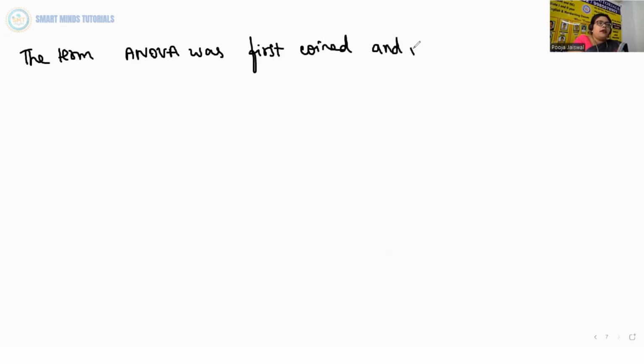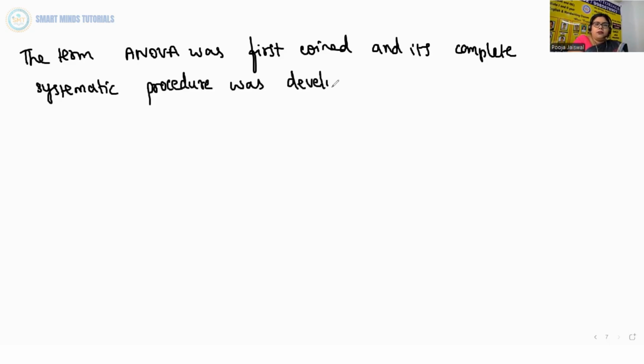Now let us write a few more points about it. The term ANOVA was first coined and its complete systematic procedure was developed by R.A. Fisher.